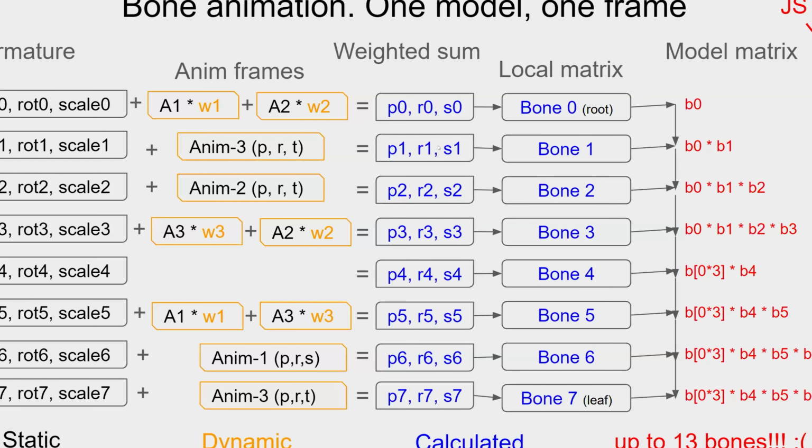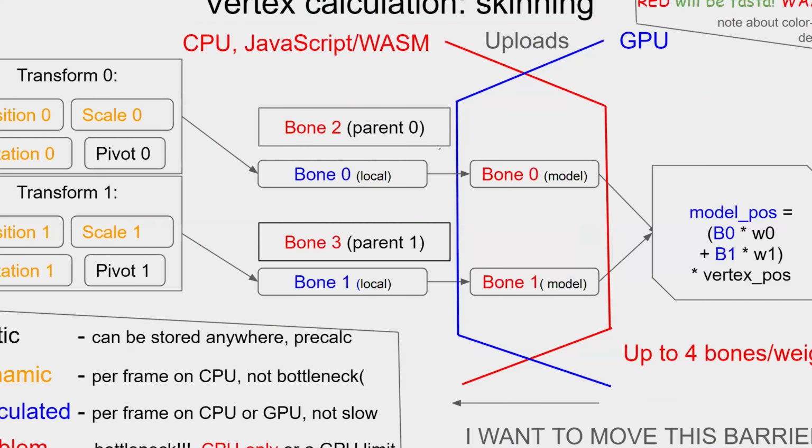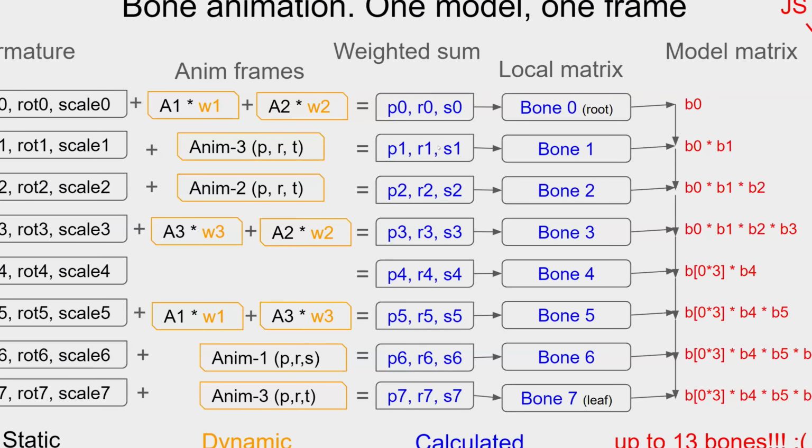Okay, so let's look at the left side of this thing and give it more detail. For every model, consider we have like 8 bones. Every bone depends on the previous one, like a very big pine of a tree, maybe.